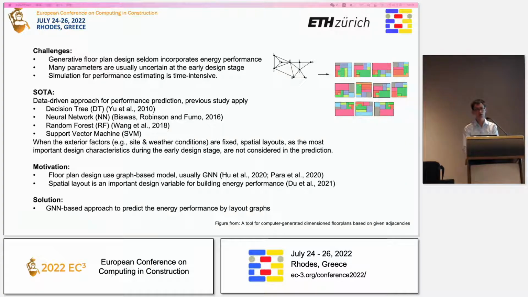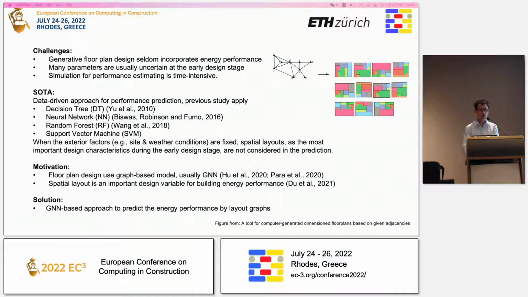There's an alternative approach, the data-driven approach. It relies on machine learning algorithms, and previous studies applied, for example, decision trees, neural networks, random forests, and support vector machines to energy performance prediction. They have shown that this strategy is efficient, requiring less information but generating results in a shorter time.